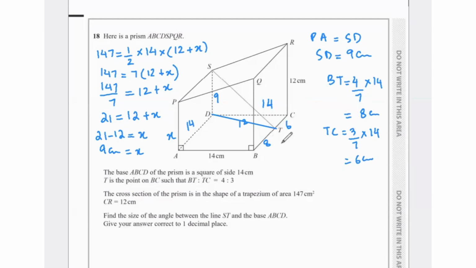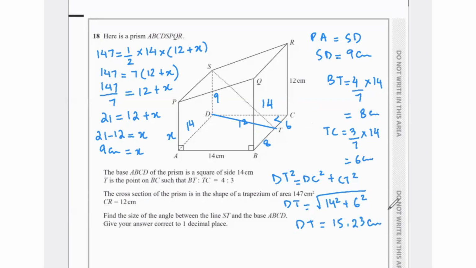So we can easily find DT using Pythagoras because it's a square base, so the angle is going to be 90 over here. DT squared equals DC squared plus CT squared. So DT would be the square root of DC squared, which is 14 squared, and CT squared, which is 6 squared. Hence DT will equal 15.23 centimeters.